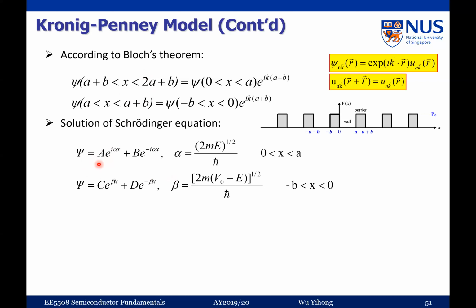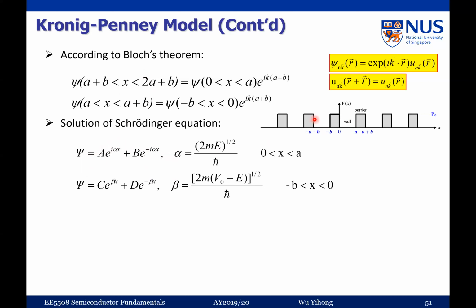If you solve it, the general solution will be given by this. So in the well region, you have this standing wave. Sorry, not necessarily a standing wave yet. Okay, so you have two waves. One is propagating from left to right, and the other one is right to left, right?